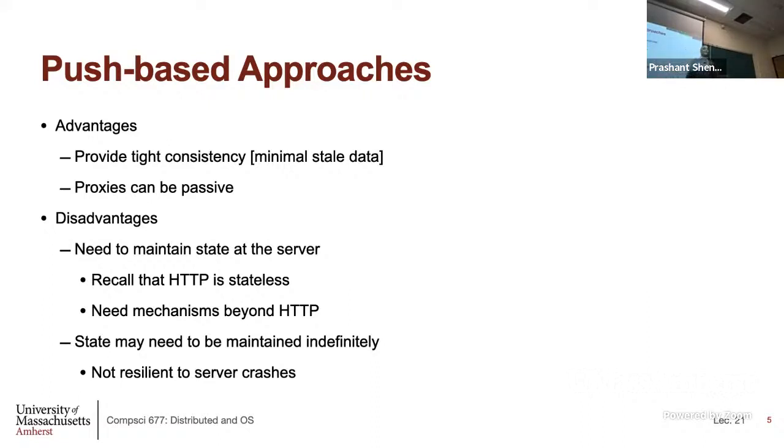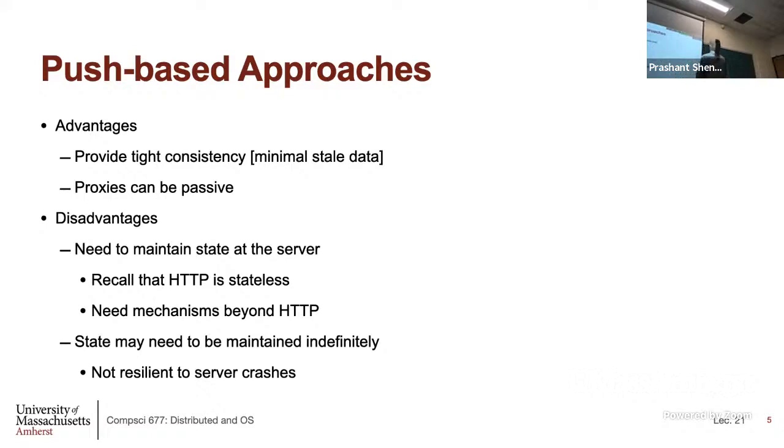In this case, the intelligence of cache consistency is at the server. Proxies can be passive, they don't have to do anything. They will be told when the content has changed, or they'll be sent new versions of the page. So proxies can be relatively dumb, the servers have to be more intelligent. Those are the advantages.